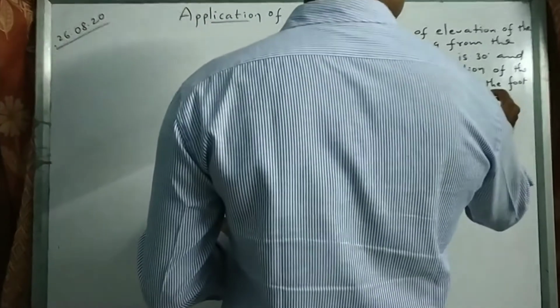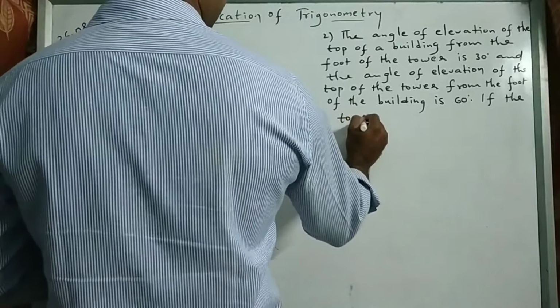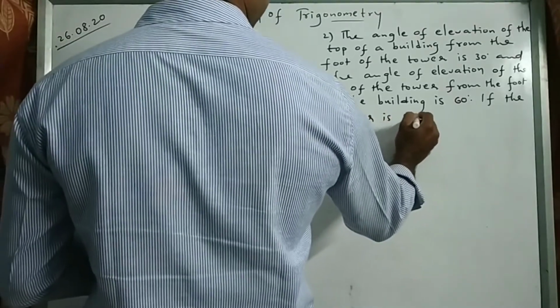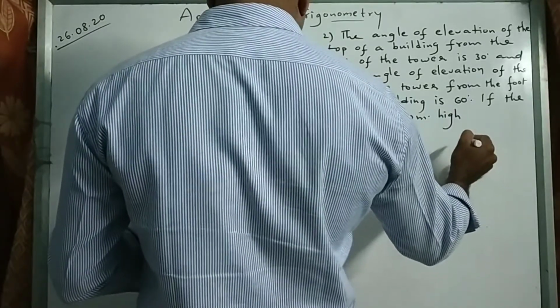If the tower is 50 meters high, find the height of the building.